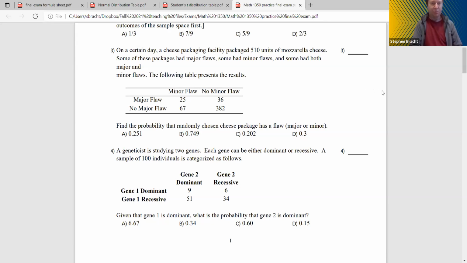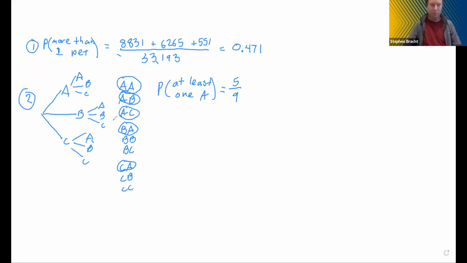It says find the probability that a randomly chosen cheese package has a flaw, either major or minor. So I'm basically finding a probability of a compound event using an OR. So here's what that would look like. I'll squeeze it in over here.